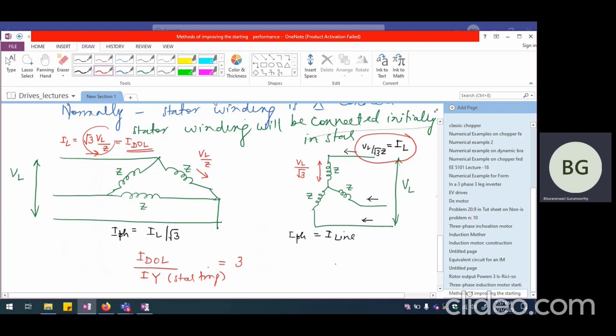So we have decreased the current during starting by using the star delta starting. By a factor of 3, we are reducing the current.